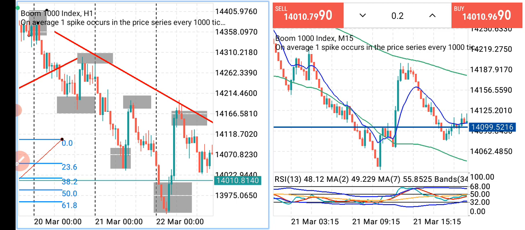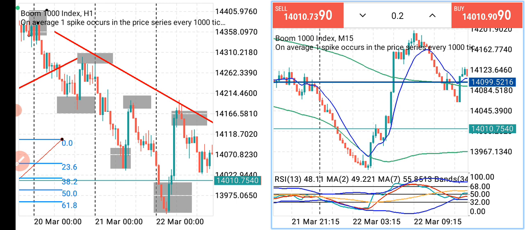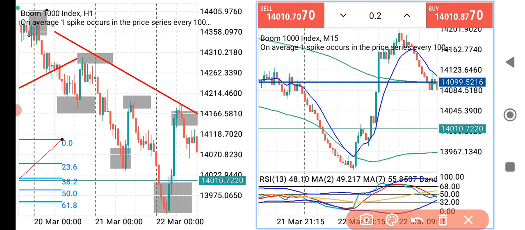That is the level we are talking about. It happened on the 22nd. Great. Here it is. This area, this is it here. On 15 minutes, this is it.